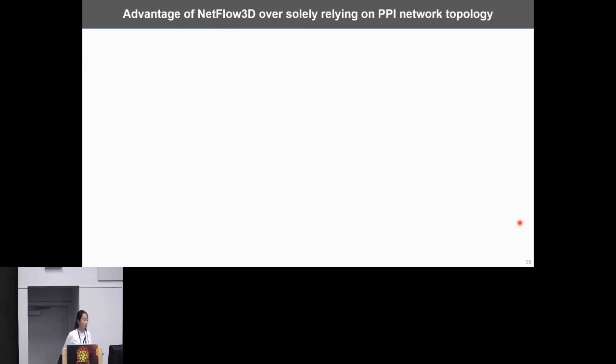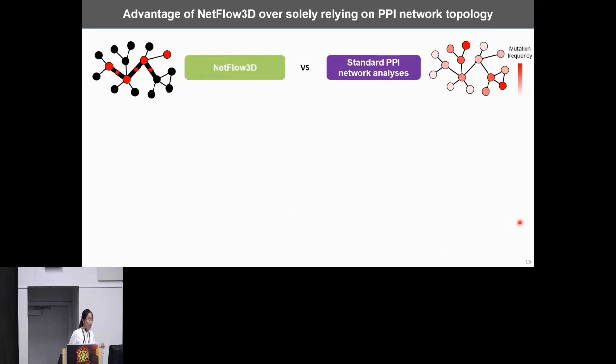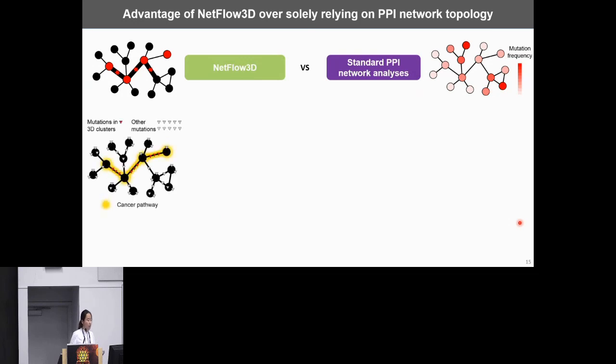And then I want to demonstrate the advantage of NetFlow 3D over those methods relying solely on network topology. But before that, I want to highlight the key differences between NetFlow 3D and standard traditional network analysis. First, since the vast majority of mutations in cancer are actually passengers, those 3D clusters really suggest the accumulation of driver mutations.